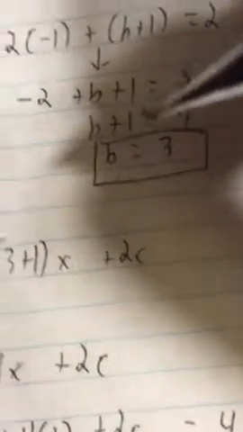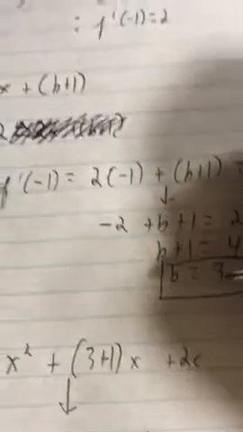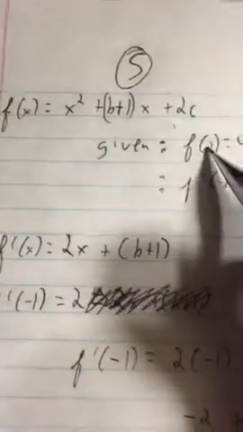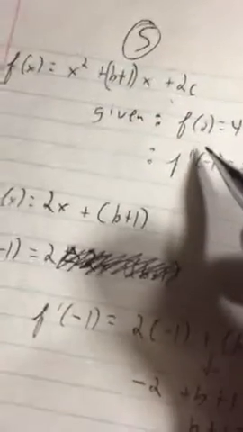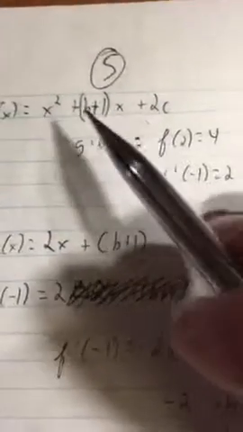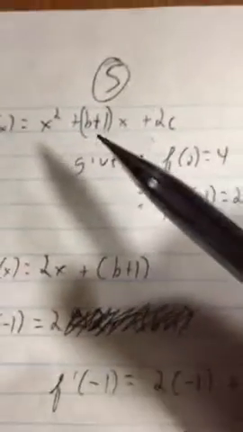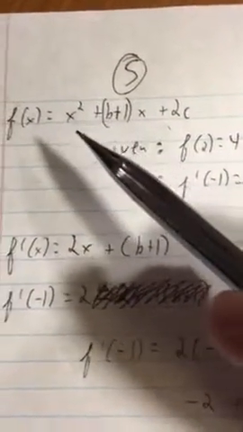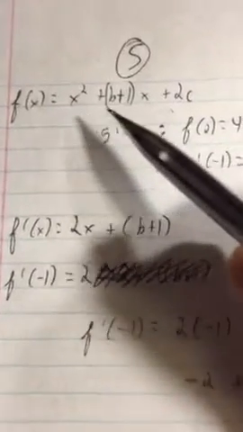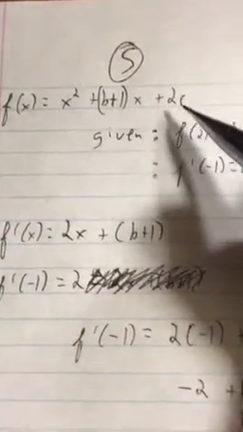Okay, now you know what b is. Well, great. What do we do? We're told what the original equation is. We already know what x is, it's going to be 2. We already know what y is, it's going to be 4. We already know what b is because we just solved for it, it's going to be 3. So you plug in all the values here, and the only thing left is c.